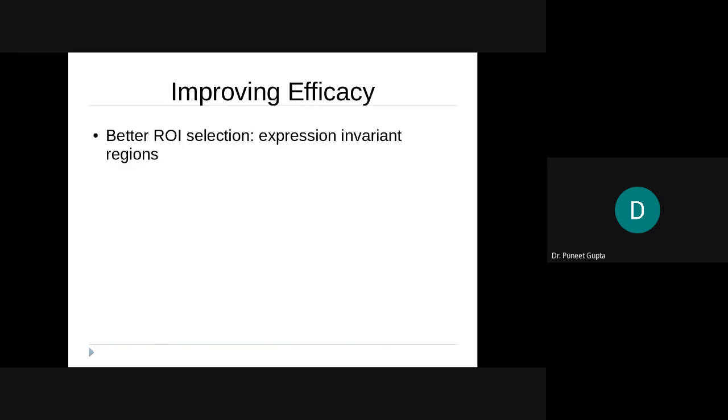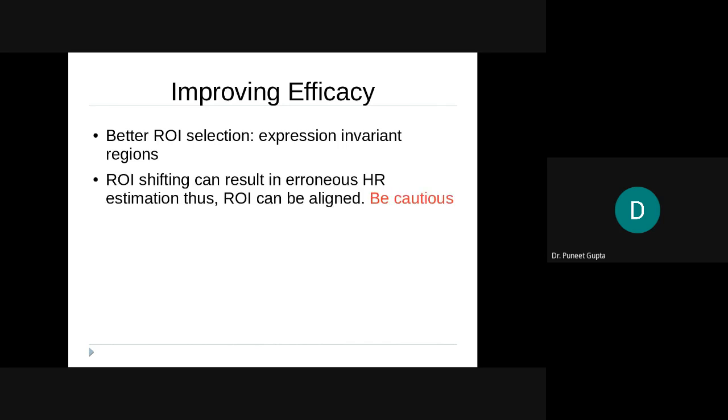First one is to look for better ROI selection, expression invariant regions. Like in this case, some people have just analyzed cheek regions. There are different regions that people can use. Another one is ROI shifting. Whenever there is motion or a person is thinking, wherever something happens, there is ROI shifting.